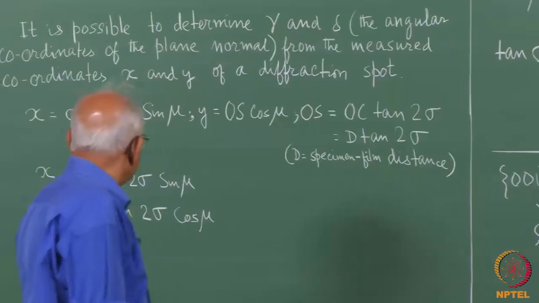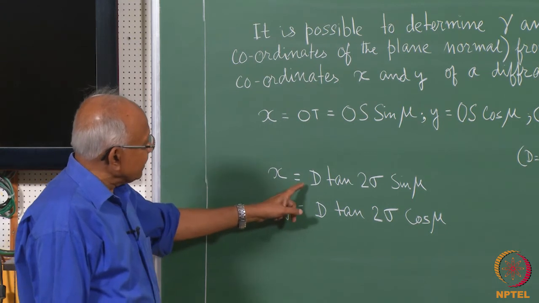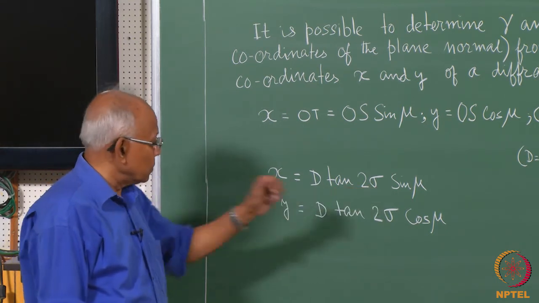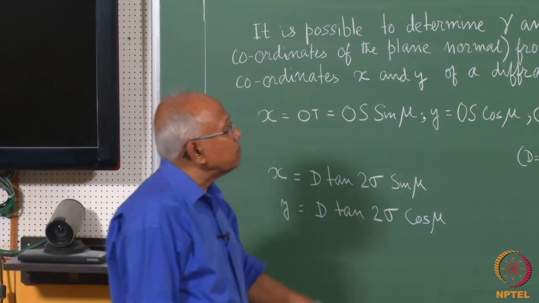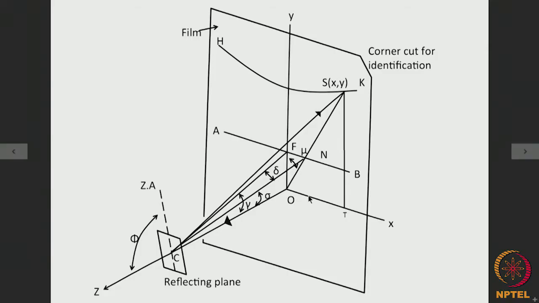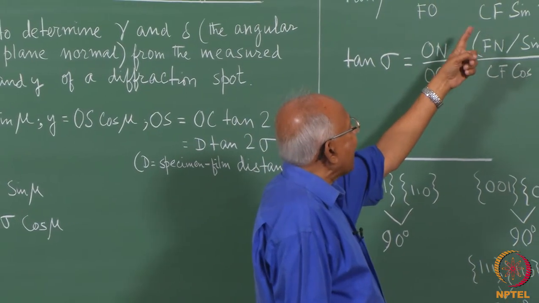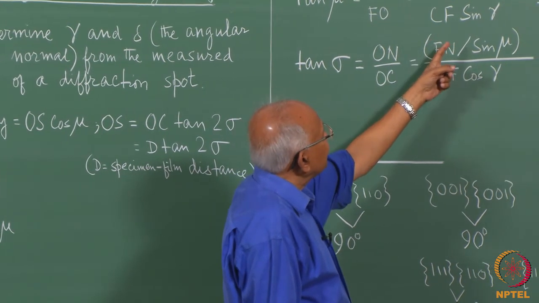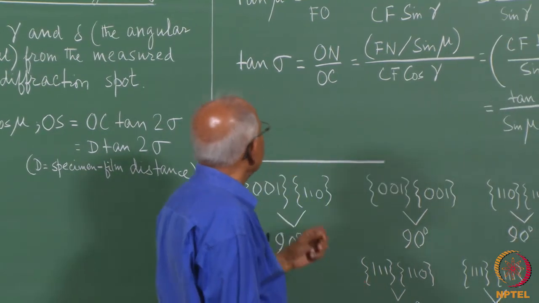Now, then x can be rewritten as x is equal to D tan 2 sigma sine mu, and y is equal to D tan 2 sigma cosine mu. Now, again in the triangle FNO, if we look at the triangle FNO here, we can write down tan mu is equal to FN by FO, which is equal to CF tan delta by CF sine gamma, equal to tan delta by sine gamma.